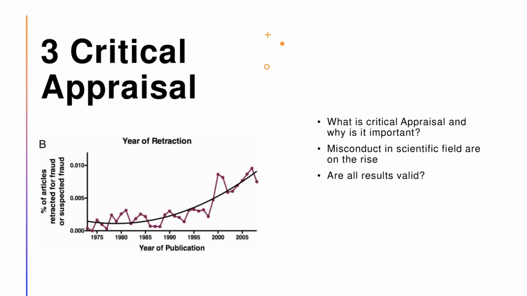So next section, we'll be looking at critical appraisal. What does that mean? It just means how to systematically and objectively evaluate research studies or published articles to determine if they are valid, reliable, and relevant.